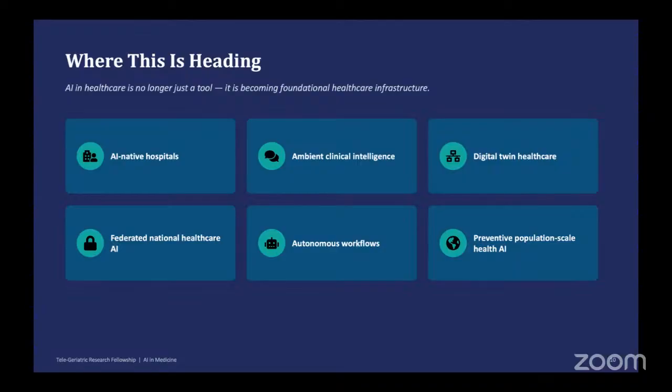The message I want to leave you with here is simple. AI in healthcare is no longer just a tool that sits on top of medicine. It is becoming foundational healthcare infrastructure, in much the same way electronic health records became infrastructure two decades ago. Nobody asks anymore whether a hospital uses an EHR. Within a decade, I suspect nobody will ask whether a hospital uses AI either.